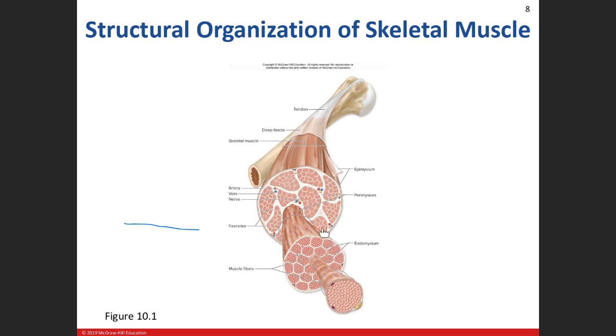So our cells are going to be our muscle fibers. So our muscle fibers are the smallest structure. Now what we're going to do is bundle a bunch of our muscle fibers together. And there's a couple different names for the muscle cells. We also call those myofibers. So we bundle up.